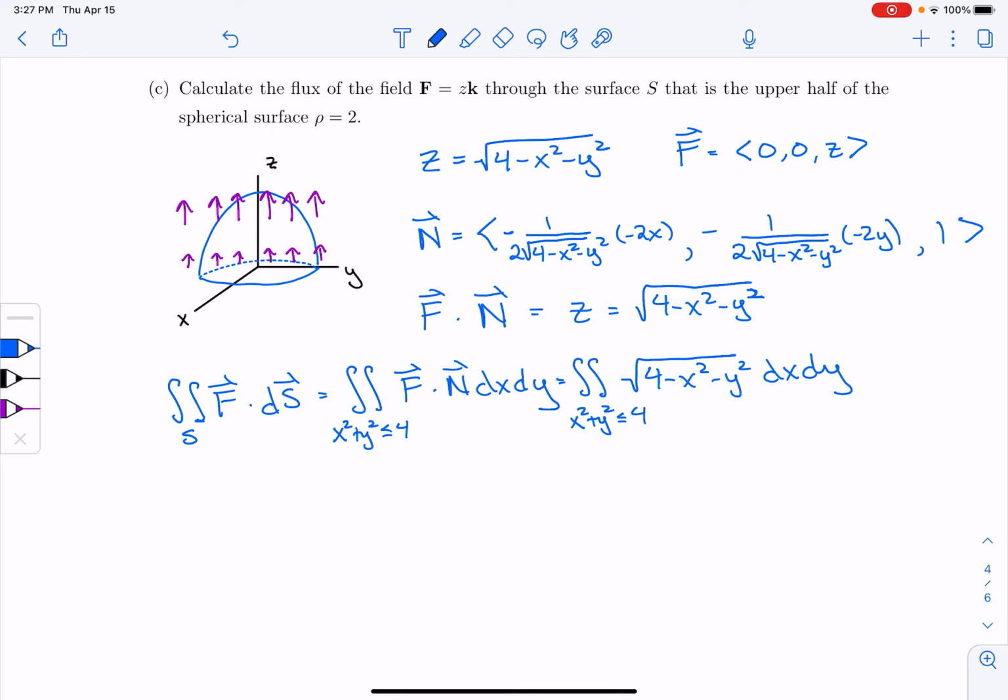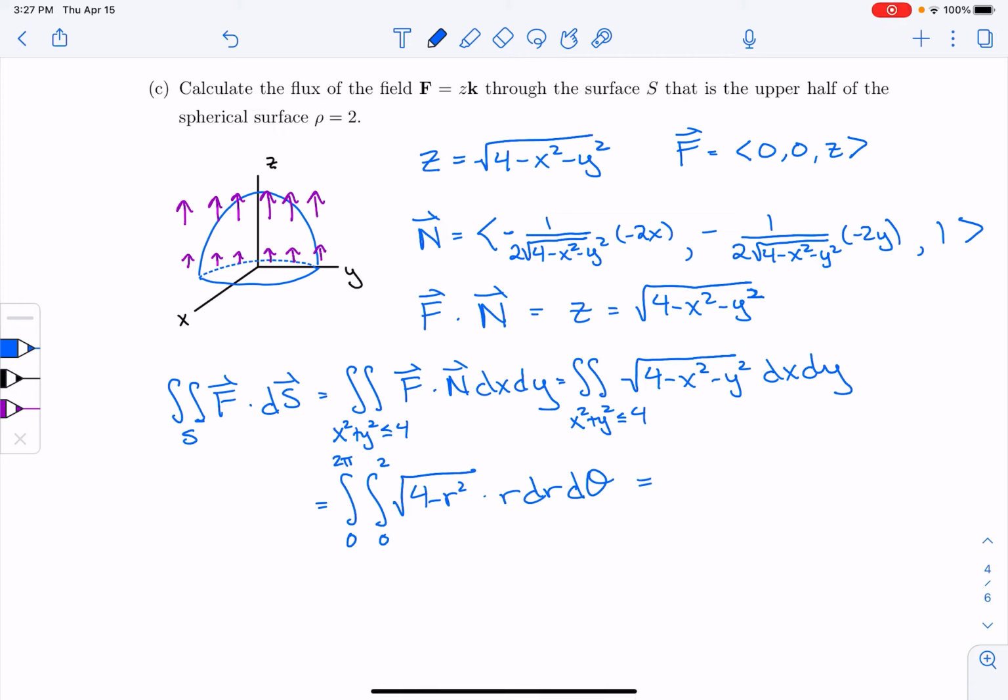Now it should be apparent that actually doing that integral is simpler if we do it in polar coordinates. So here we can describe that circle as the integral from 0 to 2 for the radius, and then the integral from 0 to 2 pi as theta. And then I'm going to do the square root of 4 minus r squared, and then that's times r dr d theta.